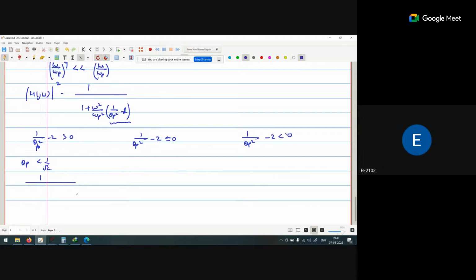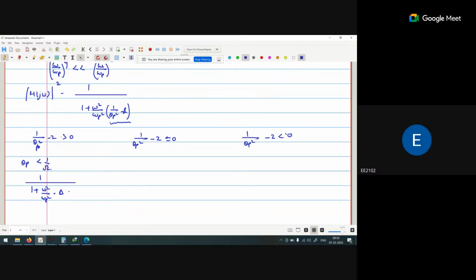So 1 over 1 plus omega square upon omega p square times delta. I just denote this term as delta. Greater than 0 means delta, less than 0 means minus delta. I will leave it here.